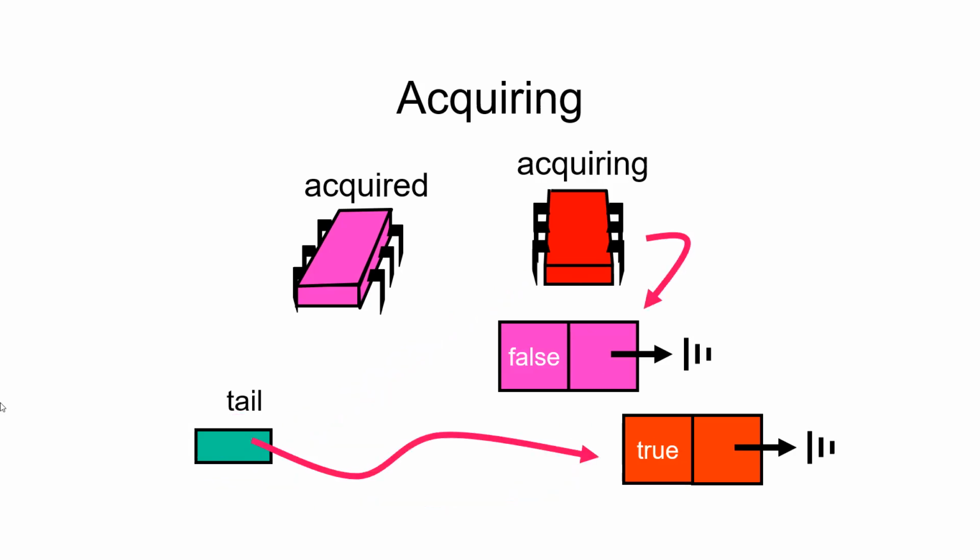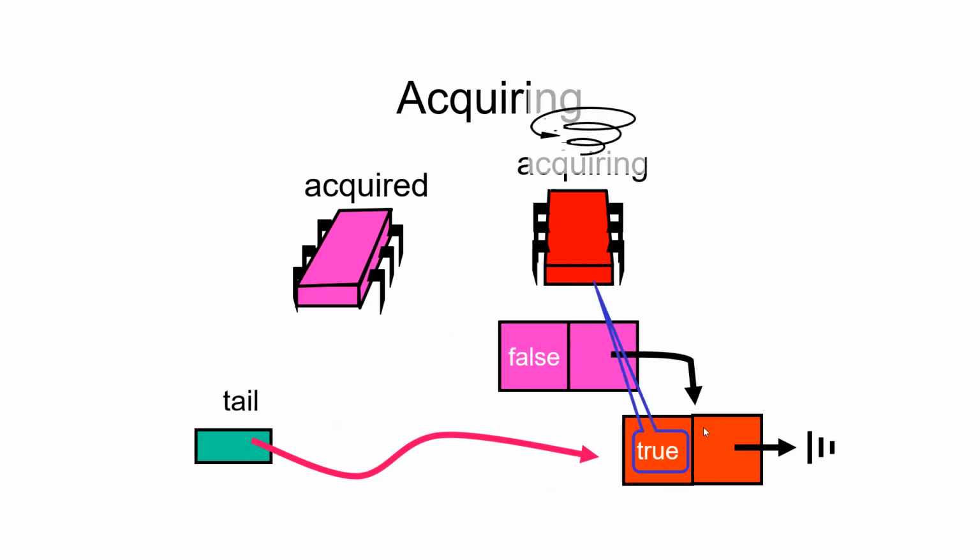Right. So right now, the pink queue node is pointing to the next queue node, that is the red color queue node, and the tail will point to the last node. This is how the lock acquire function works in the MCS lock. It will spin on this particular true field.